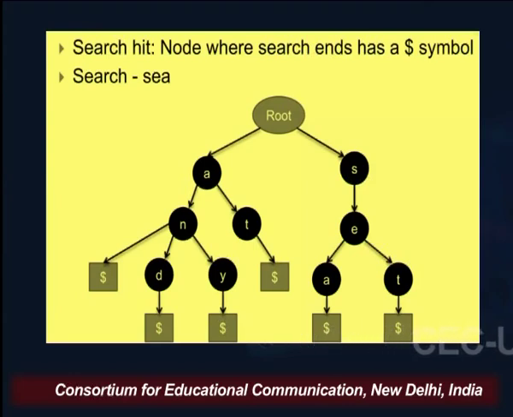So it is easier to look for a particular keyword or string, until you hit the dollar symbol, which is an indication of the end of the string. So search is also becoming more channelized or more organized this way, if we are appending a dollar at the end of every keyword.